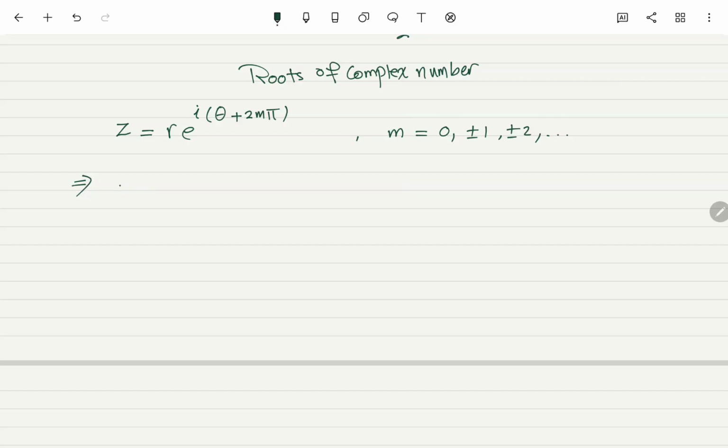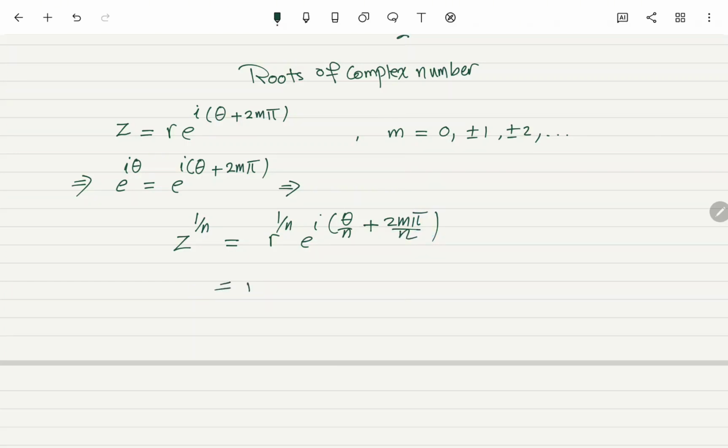Therefore, e to i theta equals e to i (theta plus 2m pi), and the nth root of z, which is z to the power 1 over n, equals r to the 1 over n e to i (theta over n plus 2m pi over n).